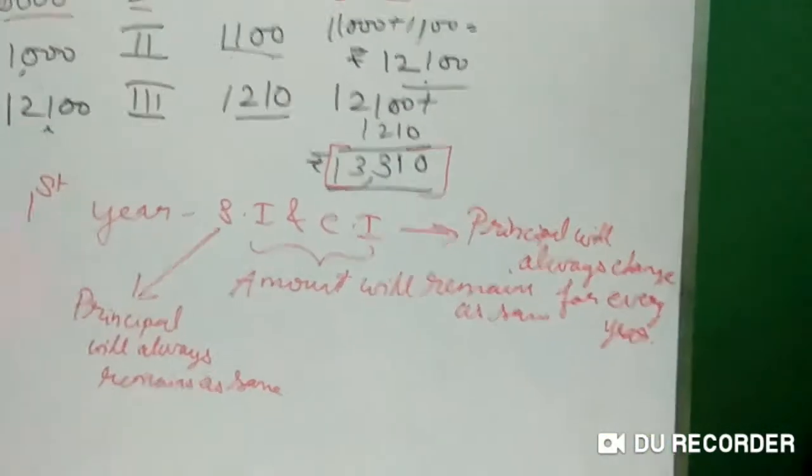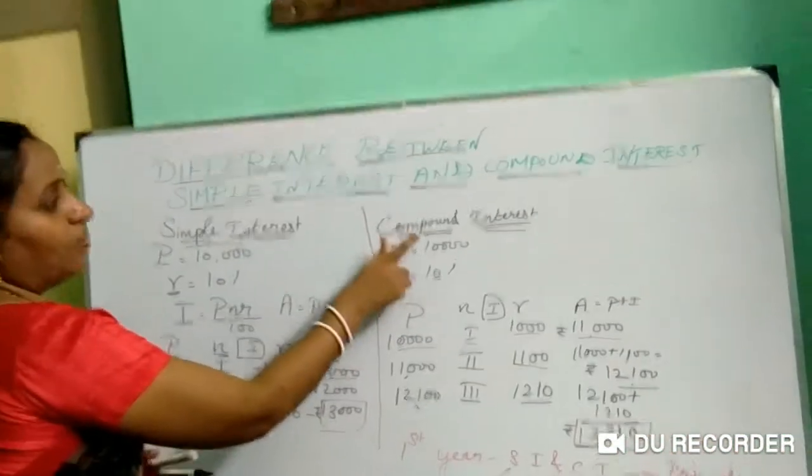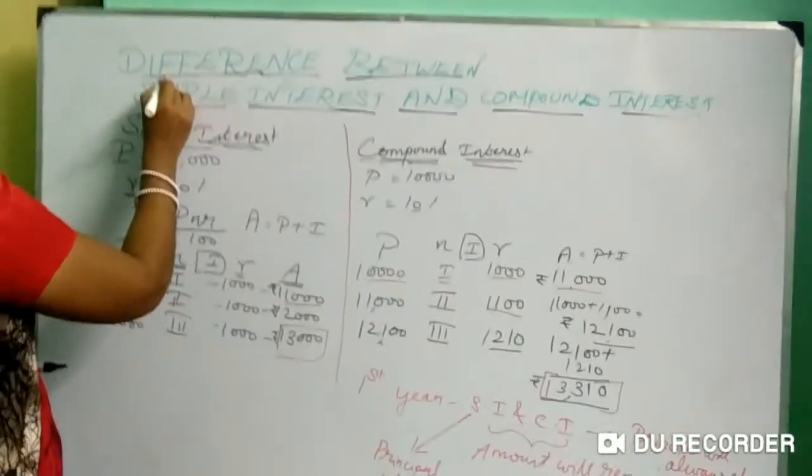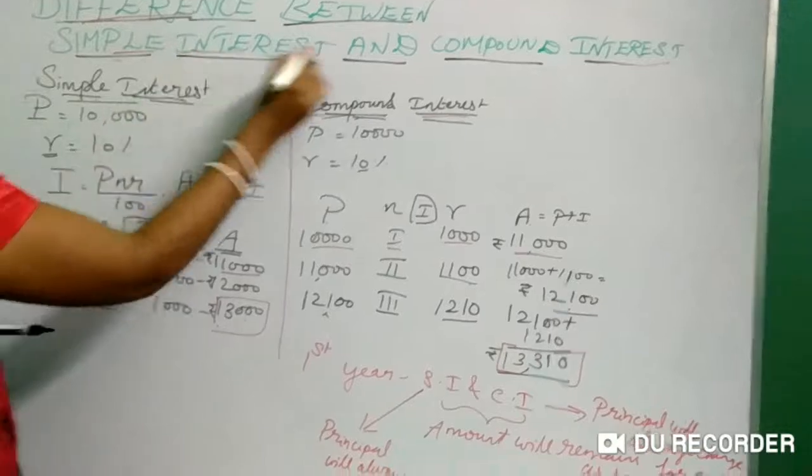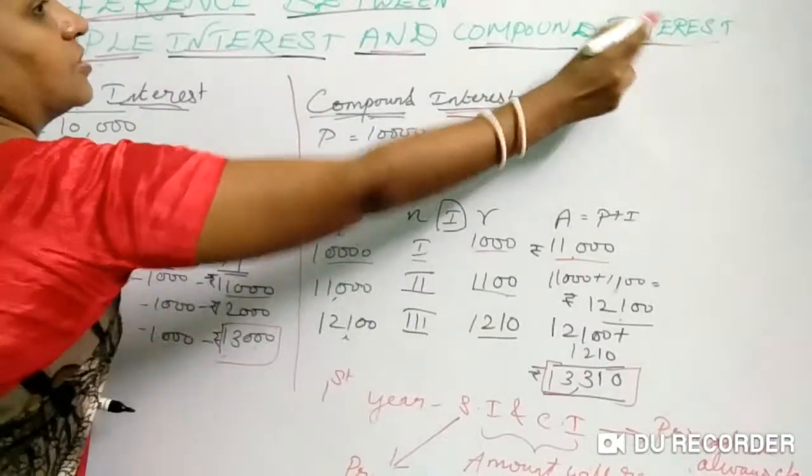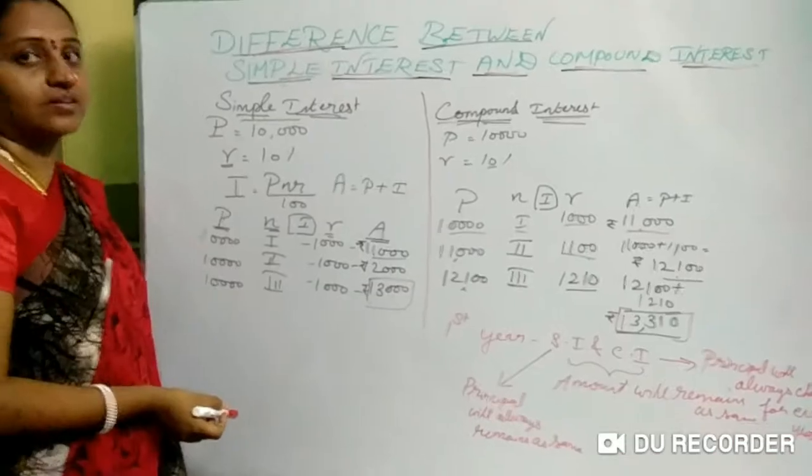So that's the thing you want to understand very clearly about simple interest and compound interest. This is the difference between simple interest and compound interest.